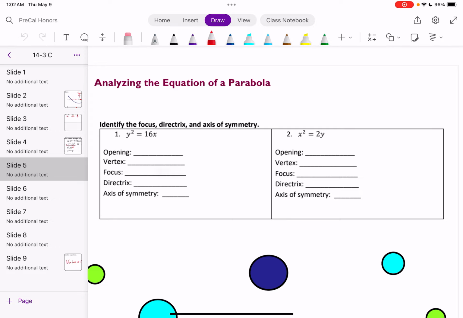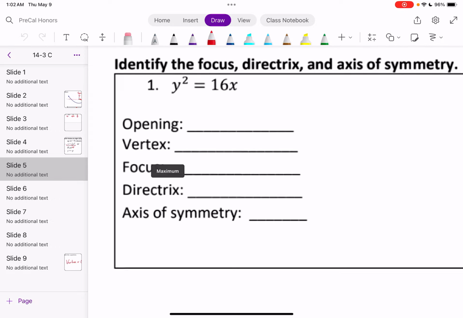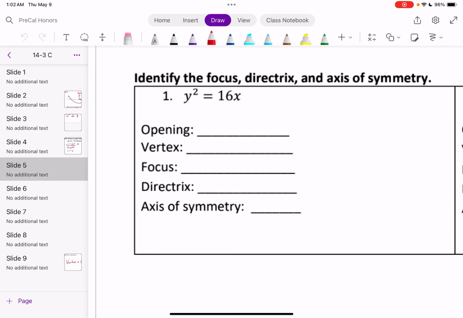So in slide 5, the first thing that we're going to do is take a look at our equation. Now our equation says y squared is equal to 16x. So first thing, it's understanding that because we have y squared isolated for this problem, we would be moving left or right.